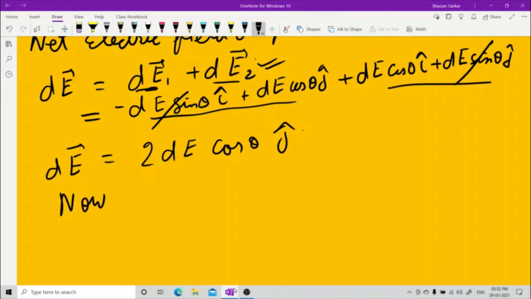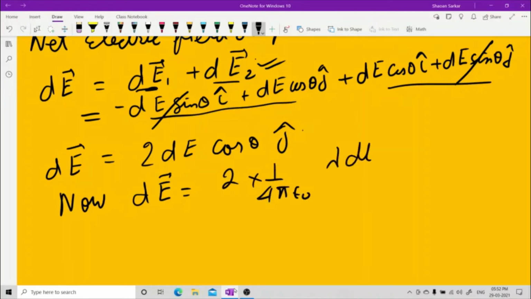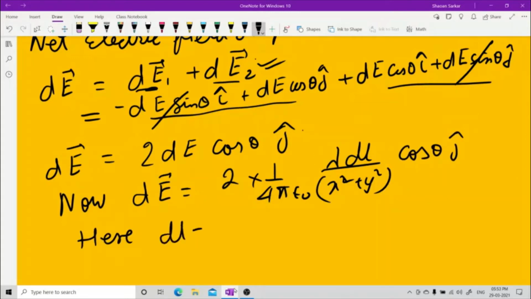Now dE vector is equal to 2 into 1 by 4 pi epsilon naught lambda dl upon x square plus y square cos theta j vector. Now dl in this case is equal to dx, because I'm taking it along the x-axis.